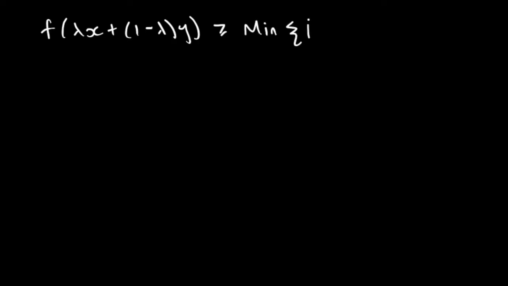So it's very similar to that of a quasi-convex function, except you'll notice that it's been swapped around. Now we say the function of the linear combination of x and y for any lambda is greater than or equal to the minimum of f of x and f of y.